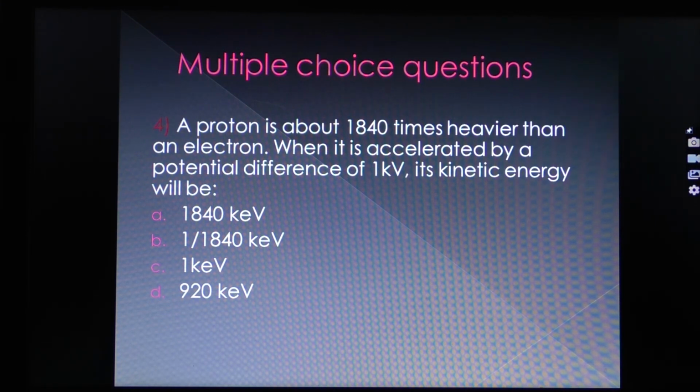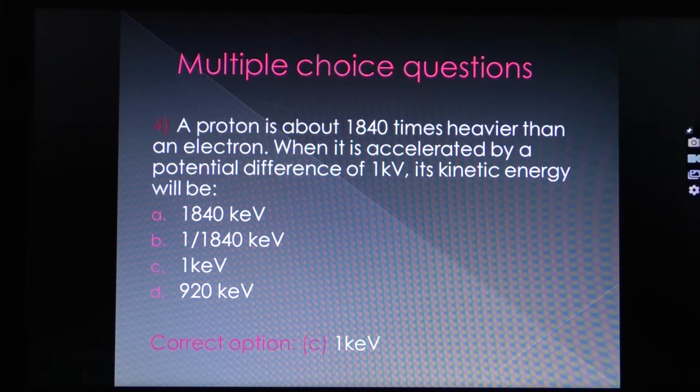Its kinetic energy will be 1840 keV, 1 keV, 920 keV. In all the options, keV are given. That's why no need to convert into kilo. So which one is correct?